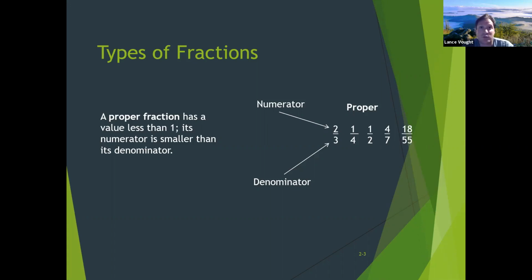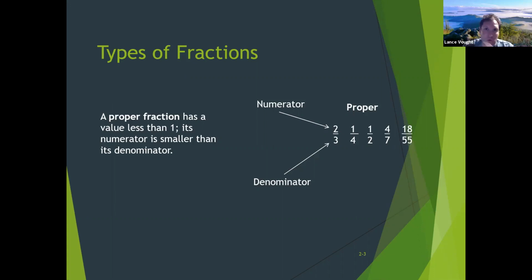So first things first, what is a fraction? A fraction basically is a number that is not a whole number. A whole number means that you've got 2, 5, -14. A fraction basically is a representation of a partial number, or a mixed number or an improper fraction.